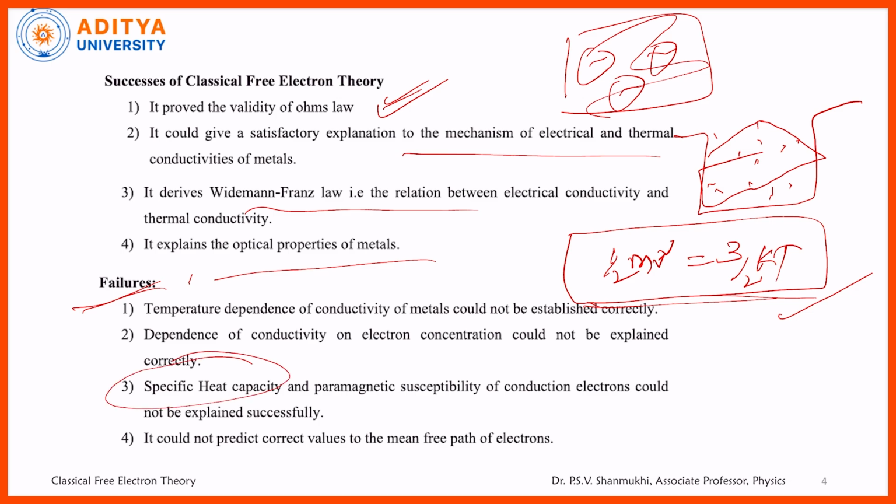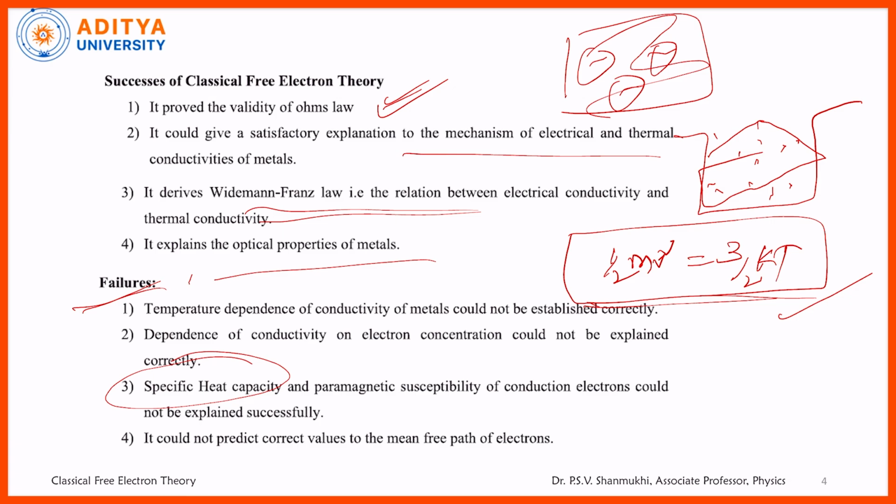Even though it could explain paramagnetism, it failed to explain ferromagnetism, antiferromagnetism, etc. And the Wiedemann-Franz law gives the relationship between electrical conductivity and thermal conductivity. That is valid at moderate temperatures, but at very high and low temperatures it failed. So this could not explain that concept.